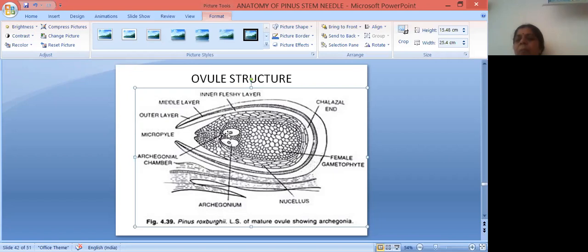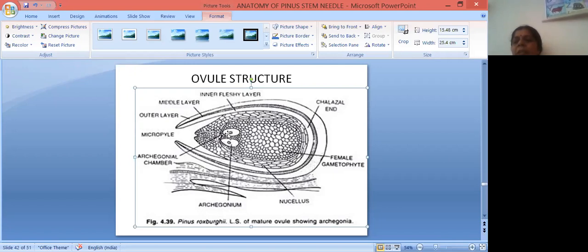Thus, the upper group of 4 cells forms the primary upper tier, and the lower group of 4 cells forms the primary embryonic tier. The internal division in both the tiers forms 4 tiers of 4 cells each. So, totally 16 cells are formed, and the pro-embryo thus consists of 16 cells.